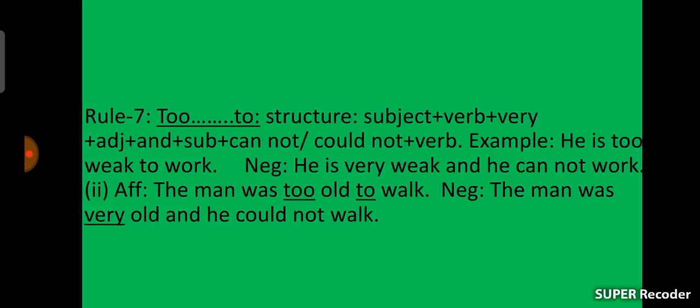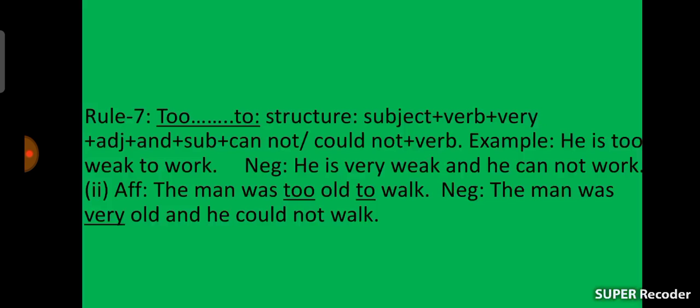Dear students, if you see too ... to in any affirmative sentence, you should use very and instead of too and to, and you should write cannot or could not. If the sentence is in present tense, you should use cannot, and if the sentence is in past tense, you should use could not.